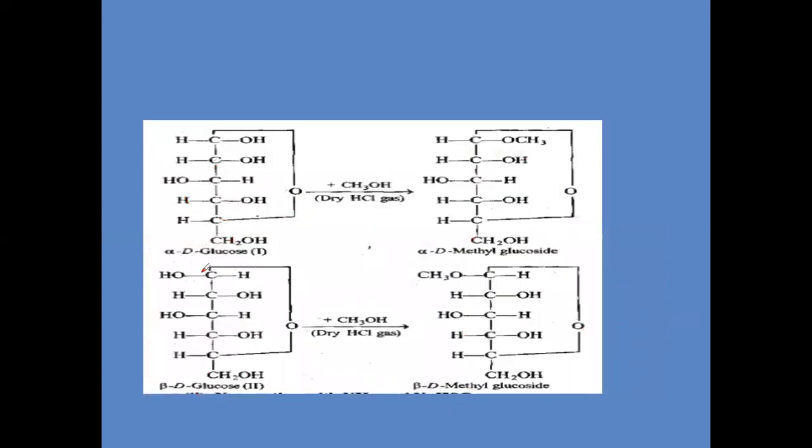Next one. Suppose we have taken alpha D glucose, structure 1. Now it is reacting with CH3OH. What is the name of CH3OH? Methyl alcohol.